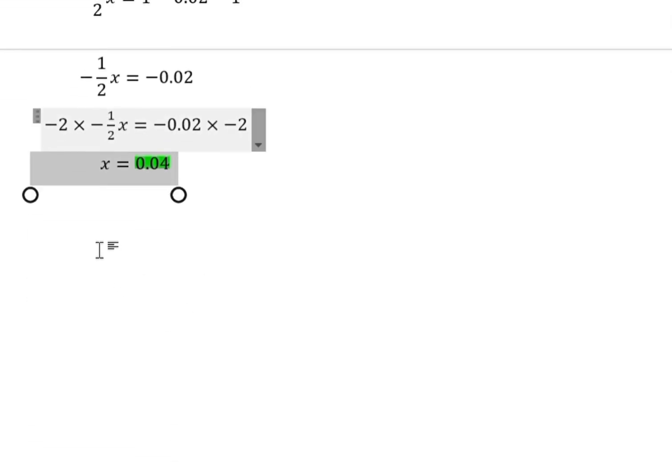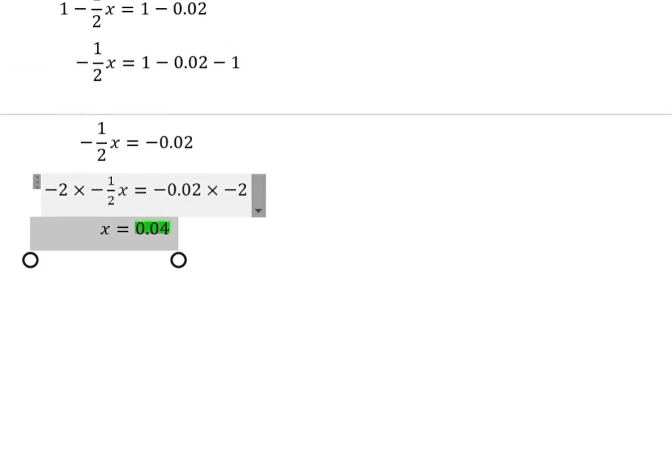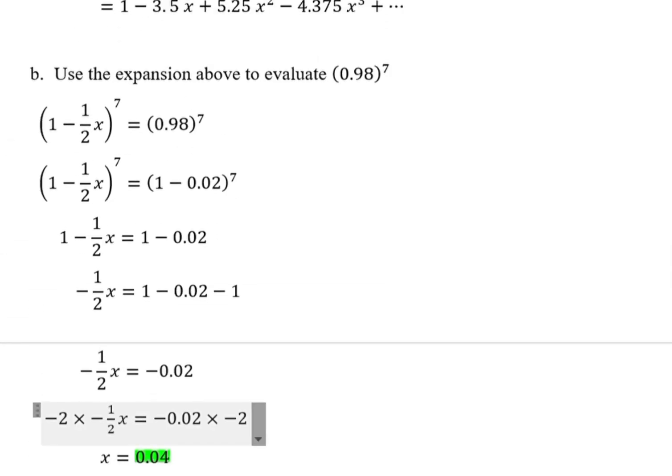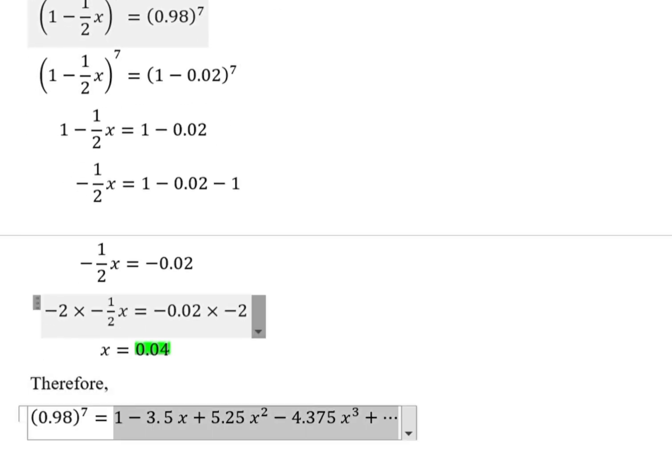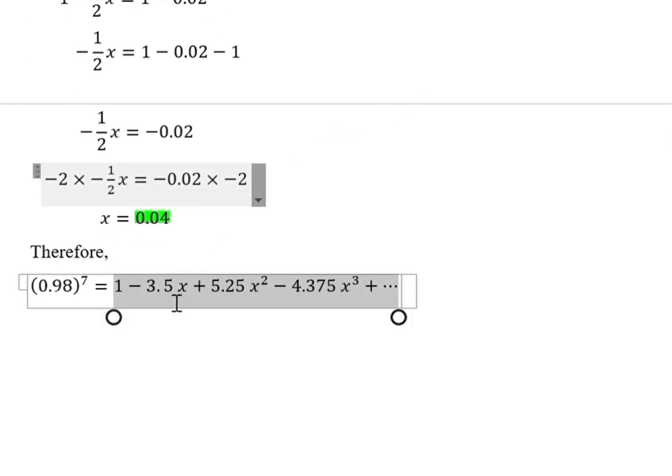Now, having reached there, we shall say 0.98 raised to the power 7, the one we want to use this expansion to solve, should be equal to this expanded form. So it's equal to what we have up there. At this point, where you see x, substitute it with 0.04.